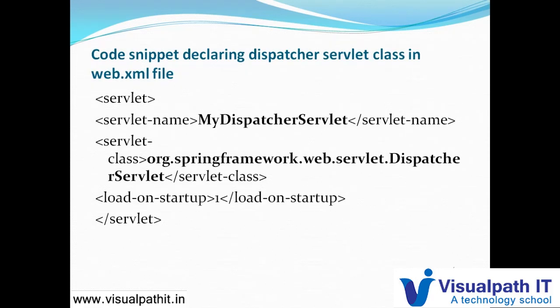To that element, this class will be mapped. So that code snippet will have the servlet mapping element with the servlet name and the URL pattern. The URL pattern will have star.htm or star.html, and the servlet name will have my dispatcher servlet, all enclosed between the servlet mapping element.